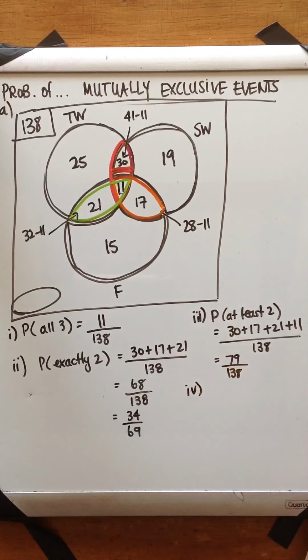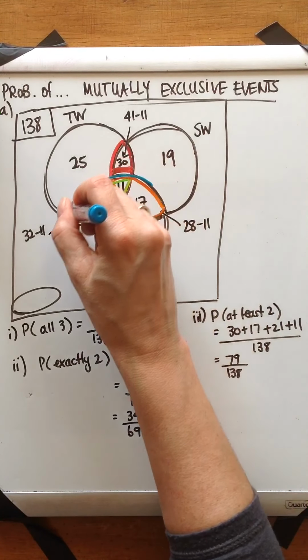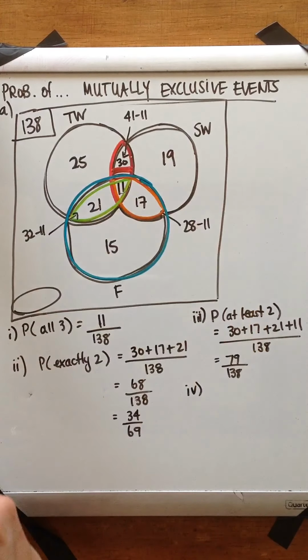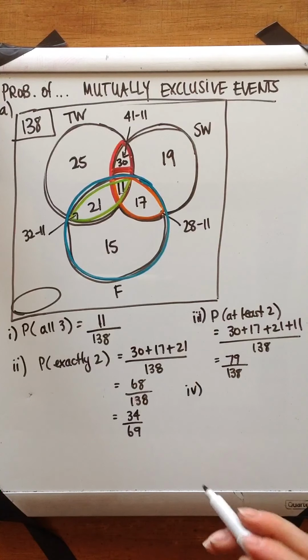Part 4 of your question says, what is the probability that a randomly selected subscriber receives Fashions? So Fashions is this area right here. It's this circle. So we have to include all of the subscribers that are in there.